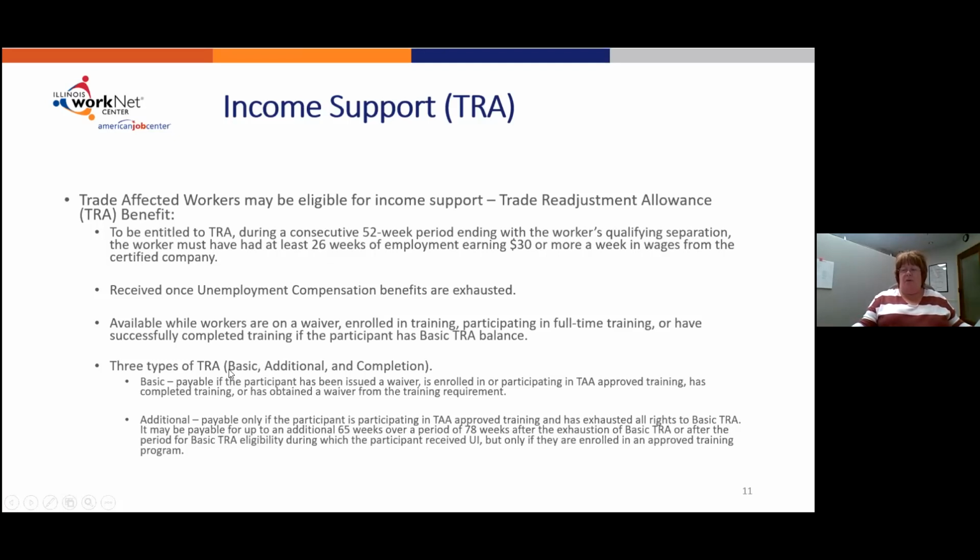I just wanted to put this in here so you can see this, but there are 3 basic types of TRA. There's basic, which is the first one. That is payable if the participant is issued a waiver, is enrolled in training, is participating in approved training, has completed training, or, again, has the waiver. Then there's additional, which can be paid out within so many weeks of eligibility within a period of 78 weeks if they're attending training.